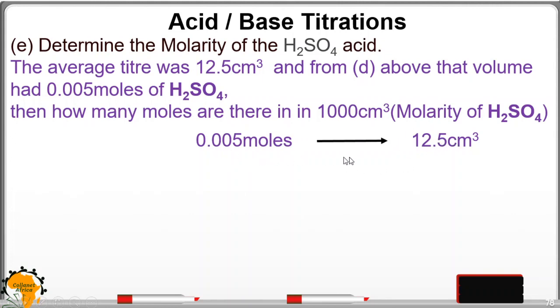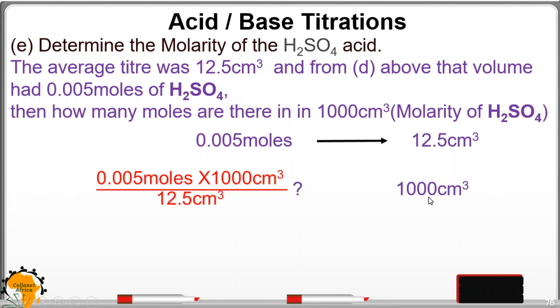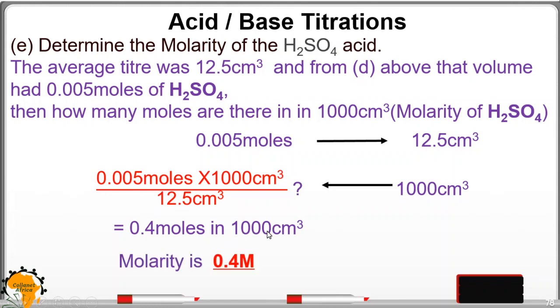Now we ask ourselves, what about in 1,000? How many moles do we find? So we cross multiply, where you say 1,000 multiplied by 0.005 divided by 12.5 to get a value of 0.4 moles in 1,000. So since this is the number of moles in a liter, then it is the molarity of the acid, 0.4 M.